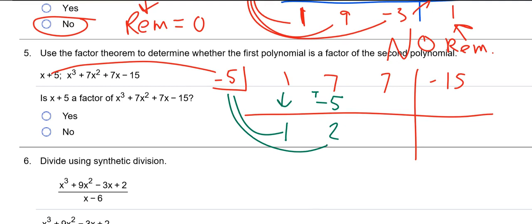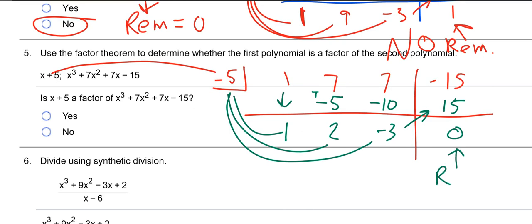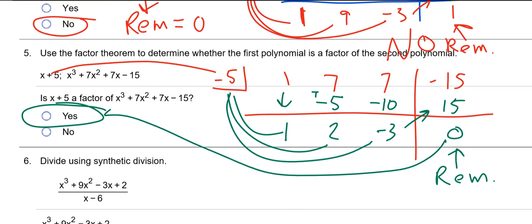Multiply. Add. Multiply. Add. Ding, ding, ding, ding, ding. We got a remainder of 0. What does that mean? The answer is a yes, because the remainder is equal to 0. That must mean that x plus 5 goes in evenly.